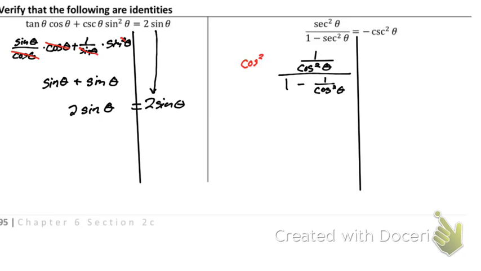So multiply the top by cosine squared theta, multiply the bottom by cosine squared theta. Now when I distribute this, distribute to both places in the denominator because it's the entire quantity, we're going to have cosine squared over cosine squared in the numerator, which just turns to 1. In the denominator, I'm going to have cosine squared minus cosine squared over cosine squared, which is just 1.